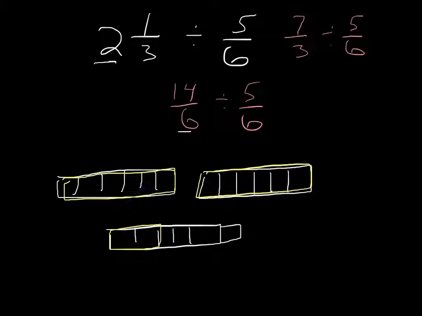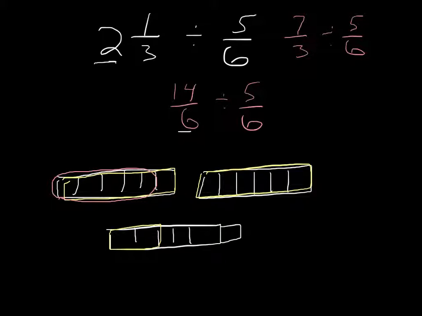There's one group of 5 out of 6. I'll circle it in red. Okay, there's one 5 out of 6. 1, 2, 3, 4, 5 out of 6 right there. So I'm going to stop right at that edge there and circle that one.